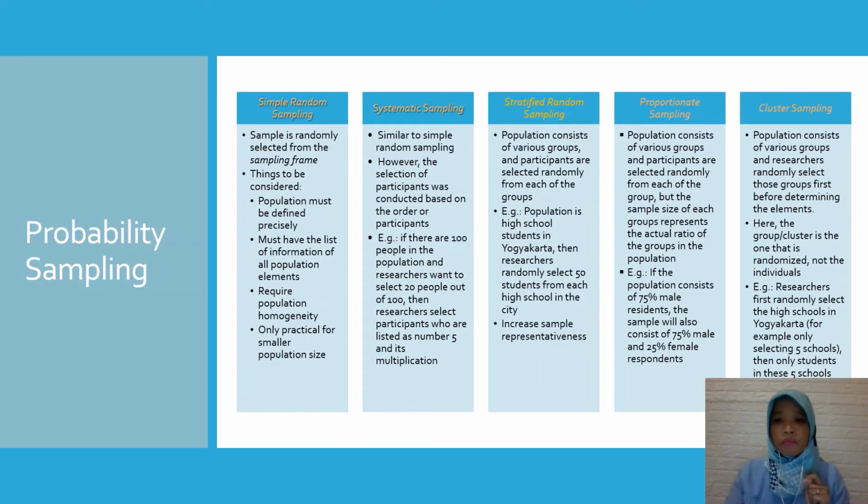If we go back to the high schools in Yogyakarta example, then it will be like this. Researchers would first randomly select the high schools in Yogyakarta, for example only 5 schools from SMA 1 until SMA 11, just randomly select them, and we want to choose 5.